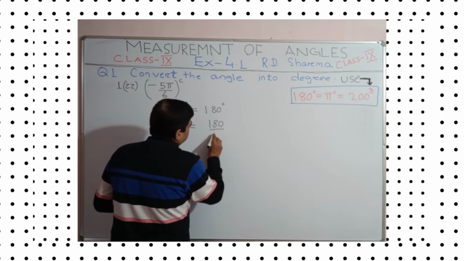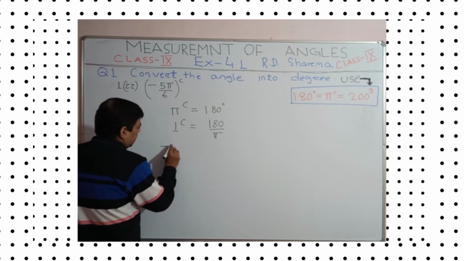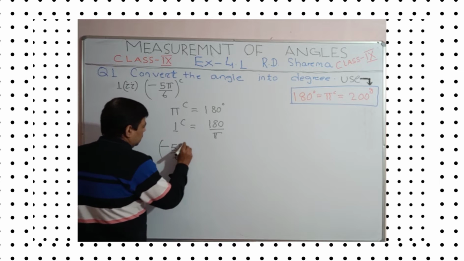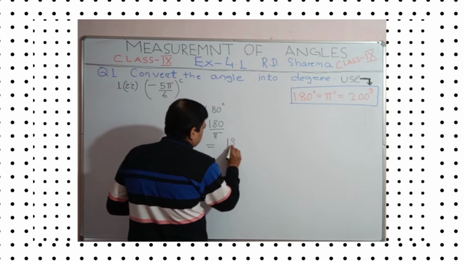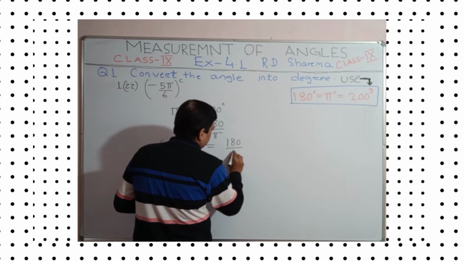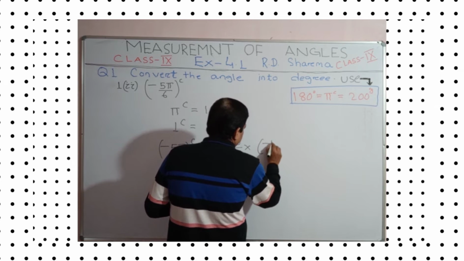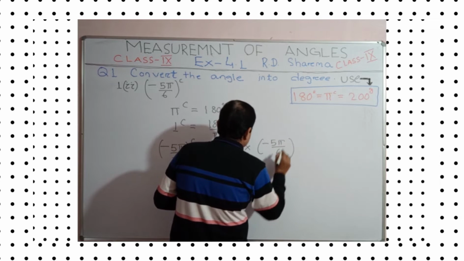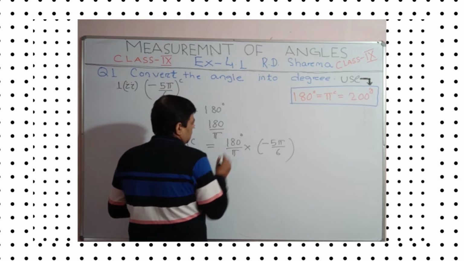So given minus 5 pi by 6 radian, here it will be 180 divided by pi into minus 5 pi by 6. Understand? Here the unit will be degree.